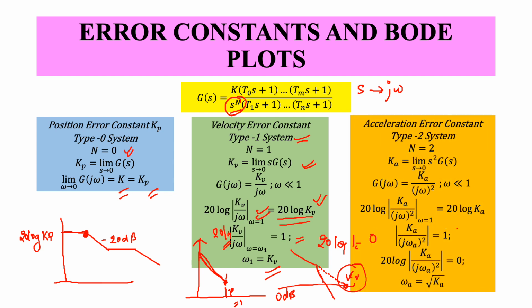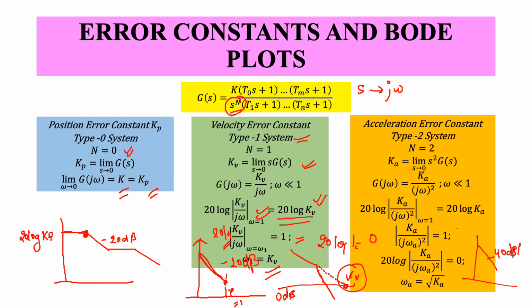We look at the acceleration error constant in this. So we will have n equals 2, a type 2 system. Initially the slope was minus 20 dB, now it will be minus 40 dB.